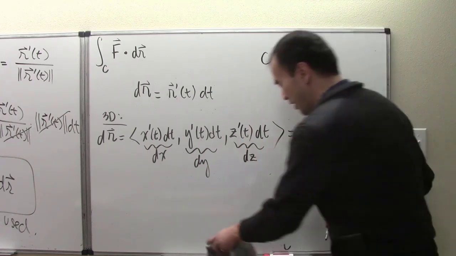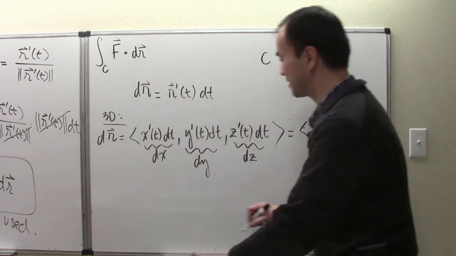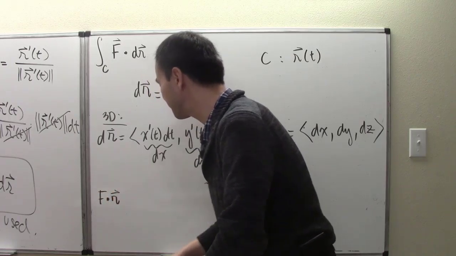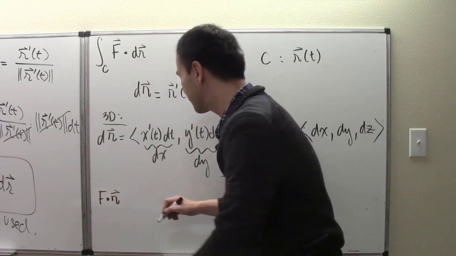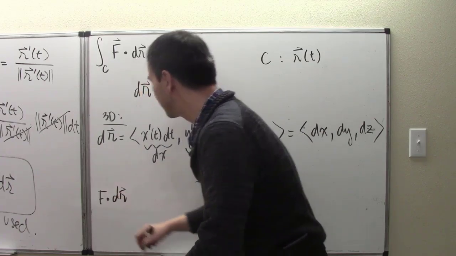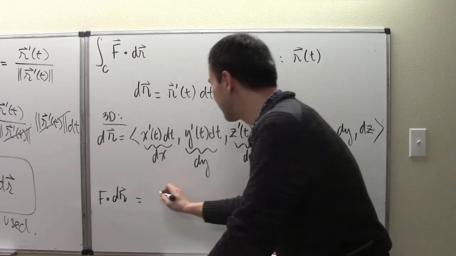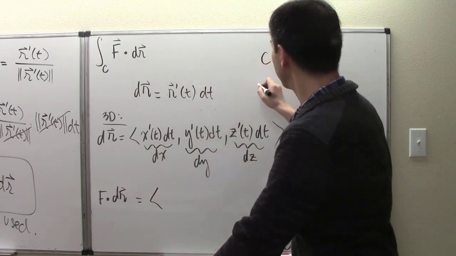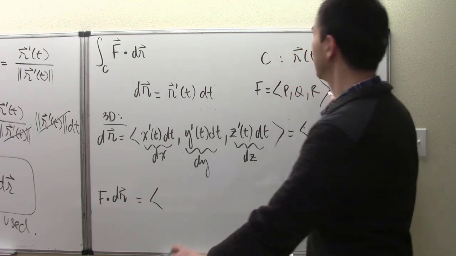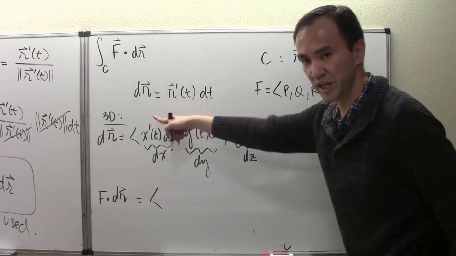In that way, f dot dr is the same as, and of course f here is p, q, and r for the 3D case.